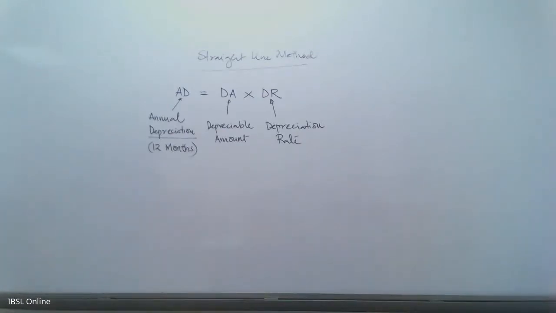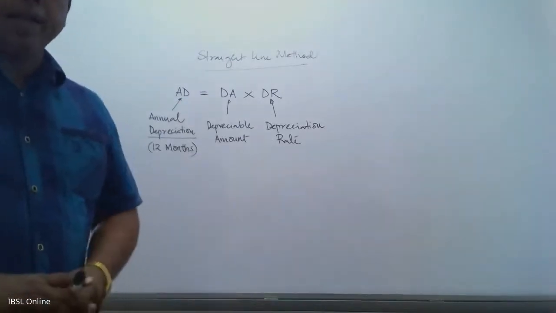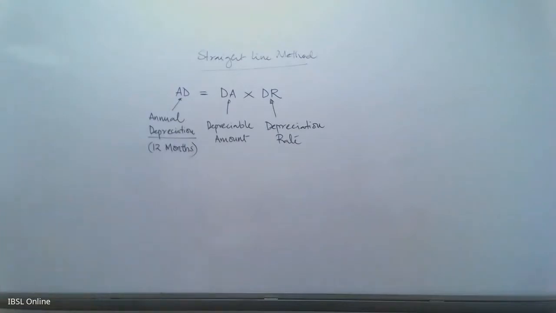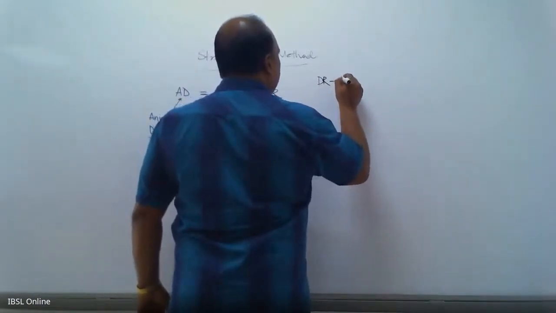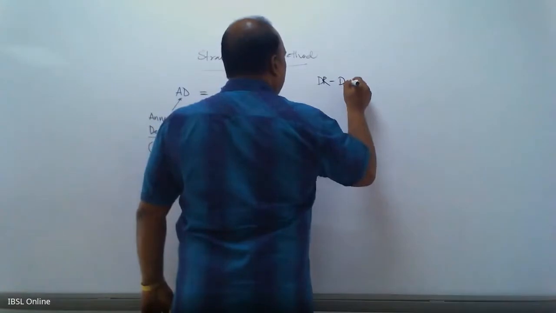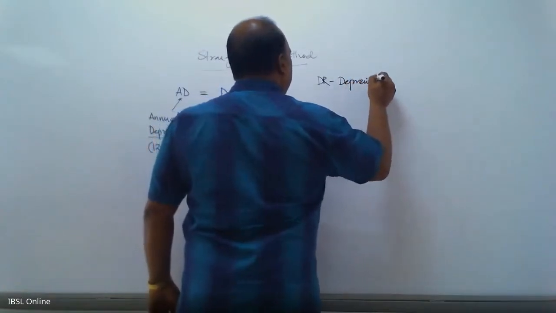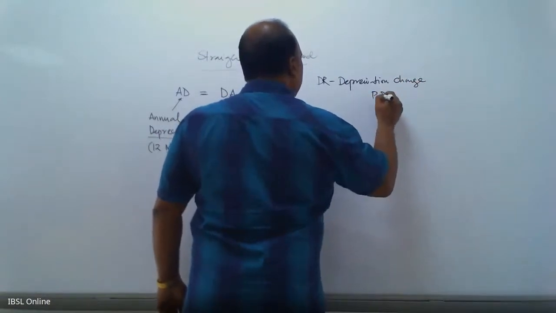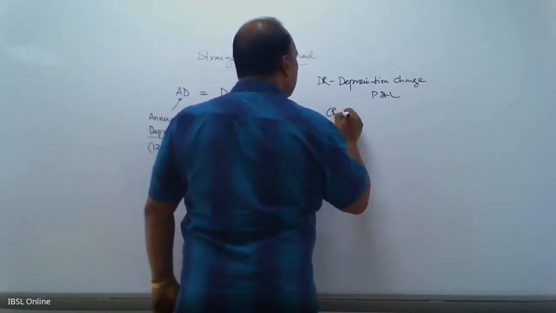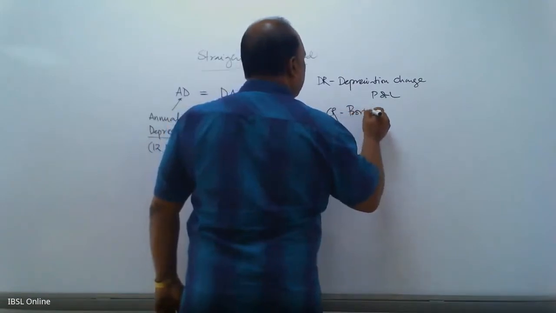Depreciation is known as a book entry. Book entry means there is no cash impact. With the depreciation entry, we debit the P&L, with a name such as depreciation charge, and the credit goes to provision for depreciation.